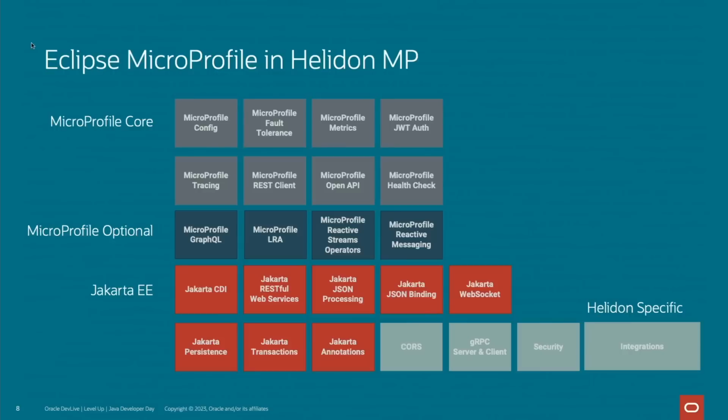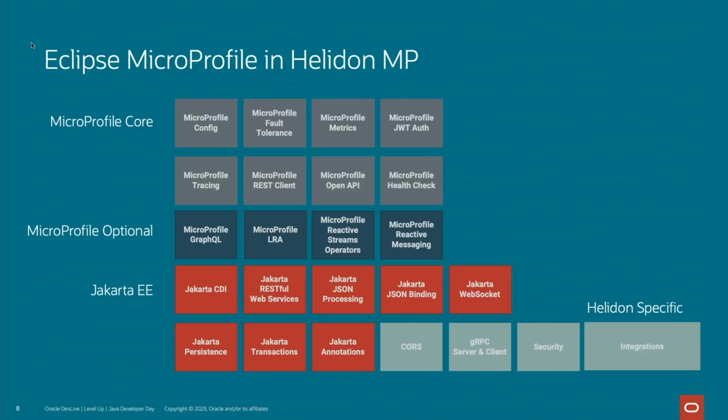So here I kind of list some of the areas in MicroProfile, the specs or APIs that we support in Helidon. So at the bottom are some of the Jakarta EE APIs I mentioned. At the top are some of the fundamental MicroProfile APIs. You'll see they cover areas like observability for metrics and tracing and health, authentication, configuration, fault tolerance.